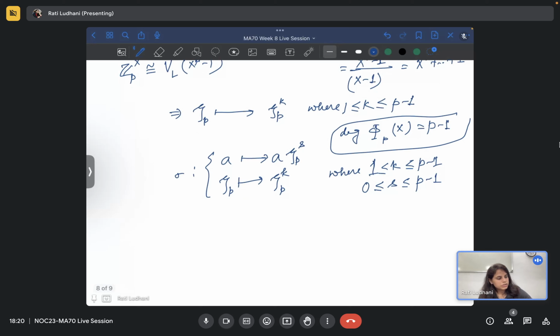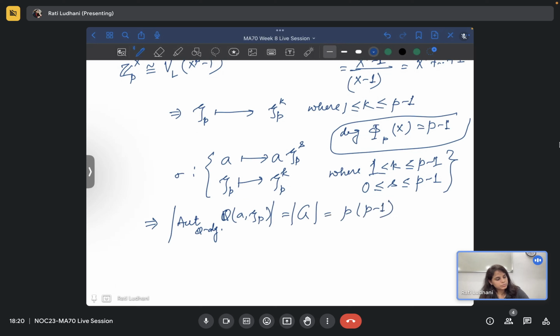So in total, what do we have? This implies the automorphism group, the Q-algebra isomorphisms of L, which is Q(a, zeta p), that is your G. The cardinality of this is equal to p into p minus 1.